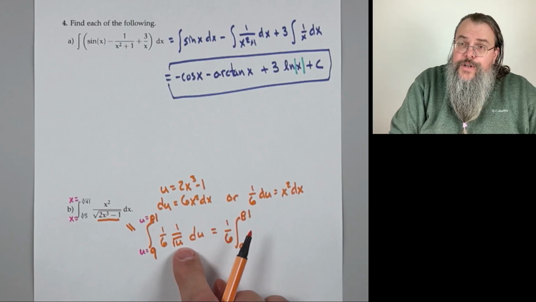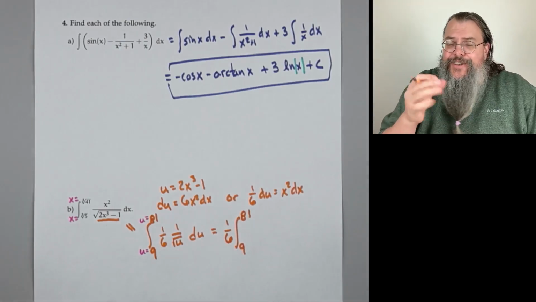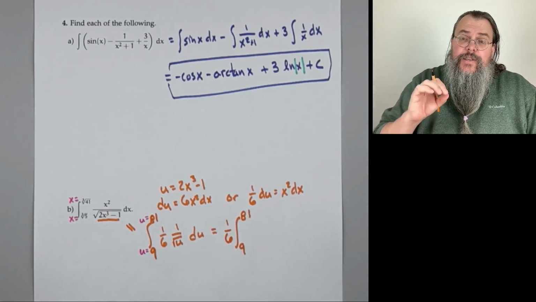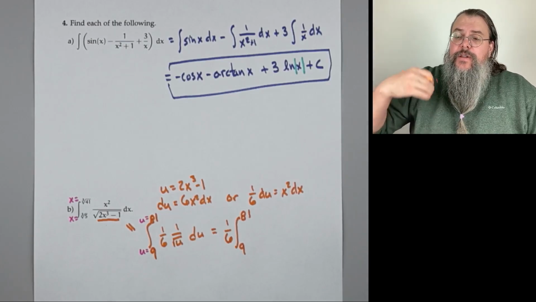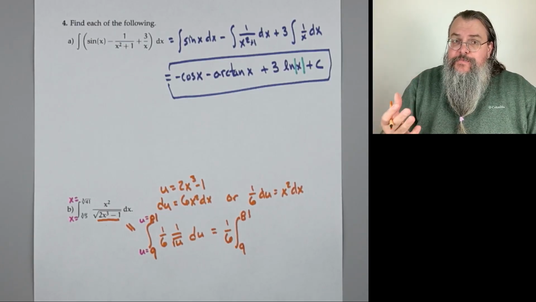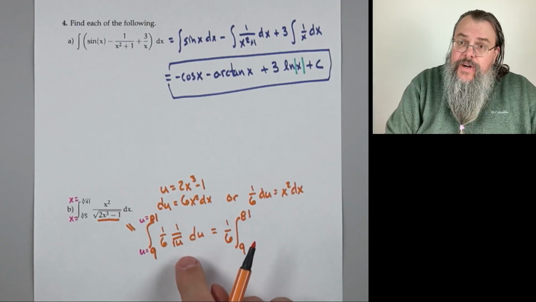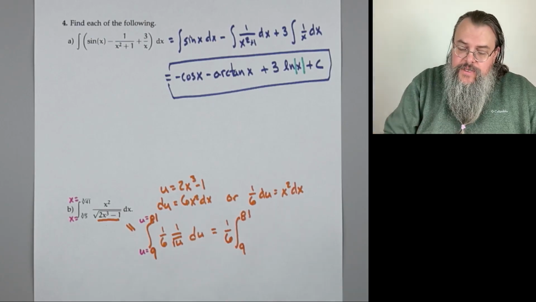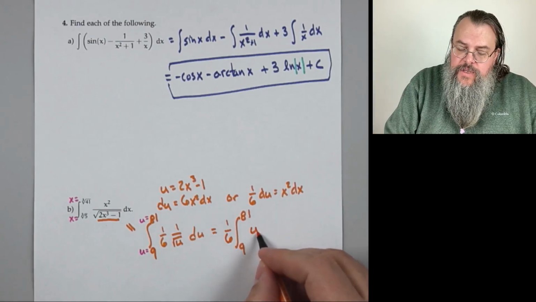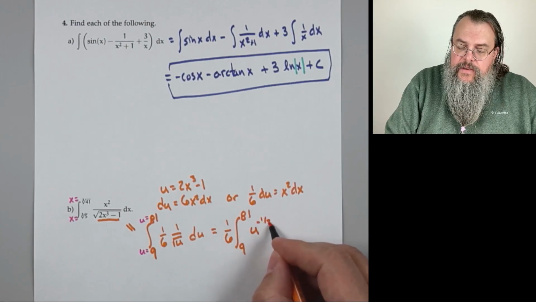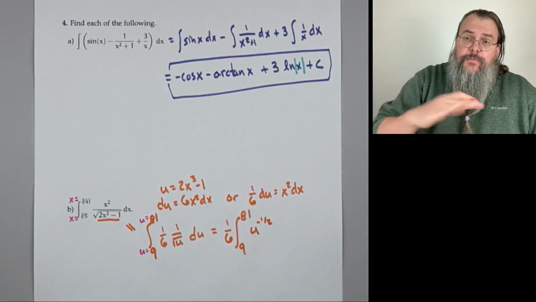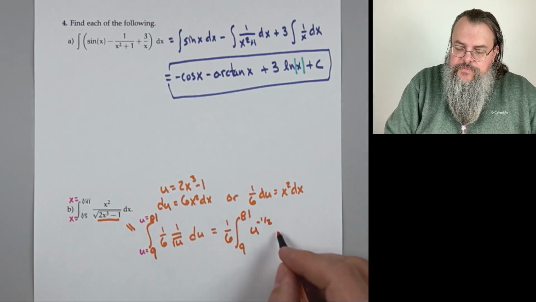This current notation is not calculus friendly. Calculus friendly says I want to express it the way the rules are written. So I want to rewrite it as u to a power, and the right power would be to the minus a half. Half since there's a square root, minus because it was in the denominator.